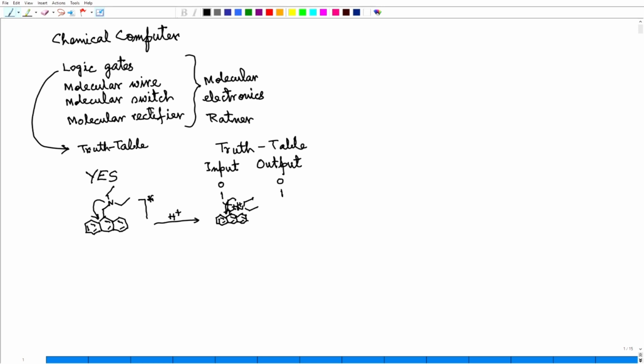NOT logic, similarly, let me write it, just in capitals, NOT. Here is an example of a NOT logic.